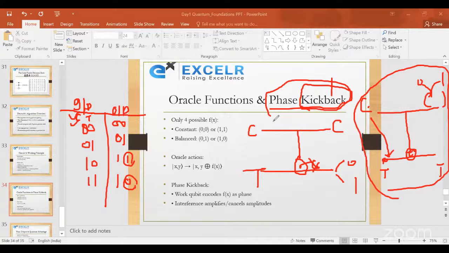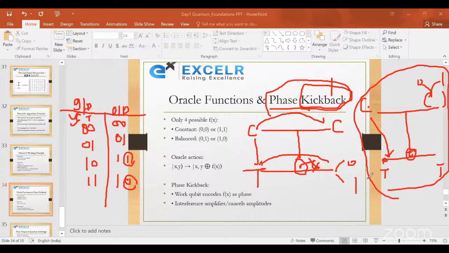So what I am telling you again, it's hard to understand at first sight. The control comes as it is, but the target is flipping to either 0 or 1 depending upon the inputs, and this flipping is also dependent on the control. So the control is controlling this flipping.